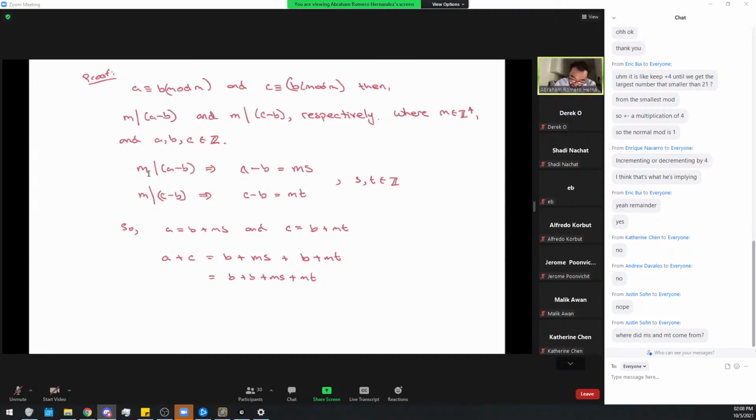Oh, oops, I have the thing wrong. That's why it wasn't working. This is supposed to be a D, which means this is supposed to be a D, which means that this is supposed to be a D. This is supposed to be a D, and A, B, C, and D are all integers.